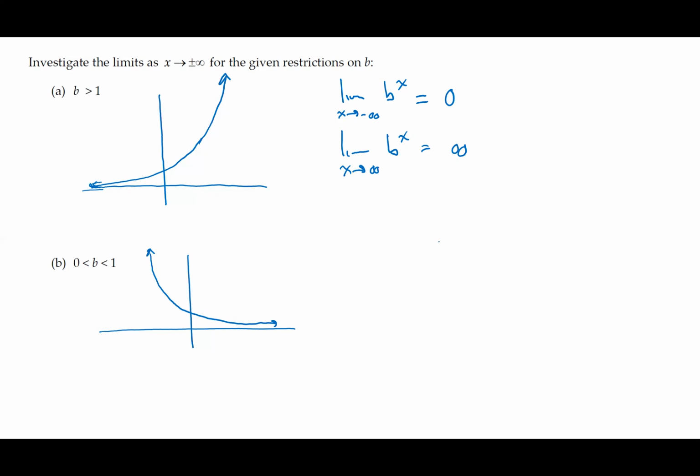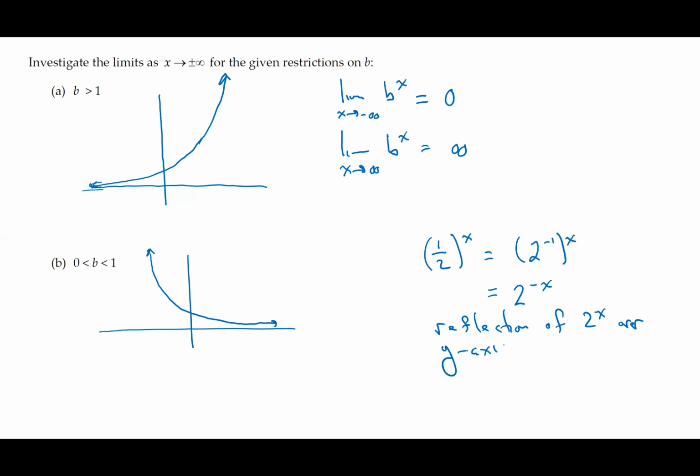If I had, say, 1/2 to the x, I could think of that as 2 to the negative 1 to the x, which is 2 to the negative x, which is just a reflection of 2 to the x over the y-axis, okay? And so what will that do with these limits? Well, you can see that as x goes to negative infinity, the function blows up to positive infinity.